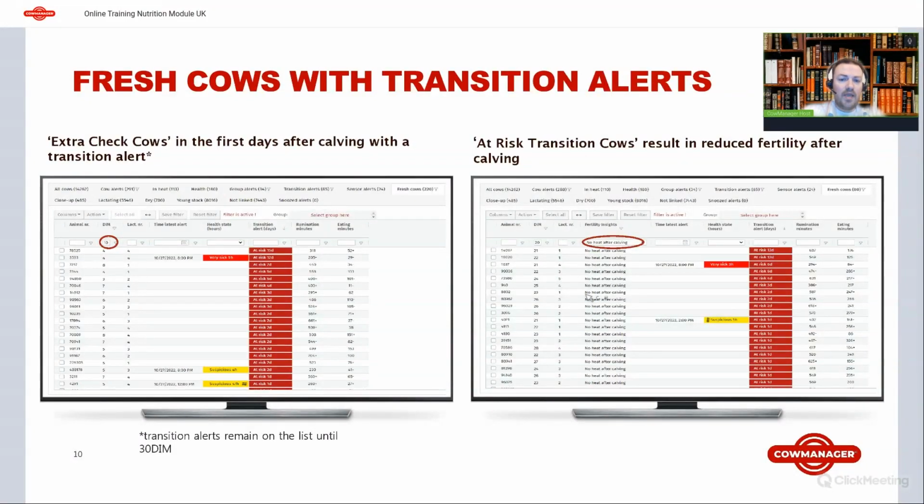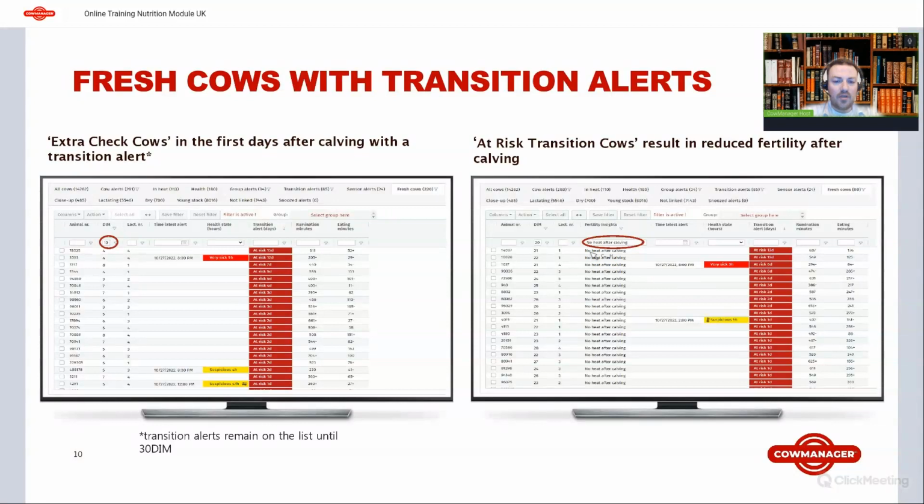And what we see, if you play around, you can also add and delete columns if you want to. If you play around with the system, you can see that when you put in the fertility insights column, select no heat after calving, then 9 out of 10 times those are cows which already had a transition alert before calving, which was calculated already from 50 days before calving.